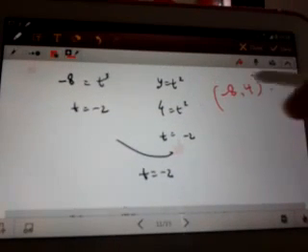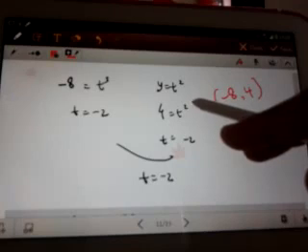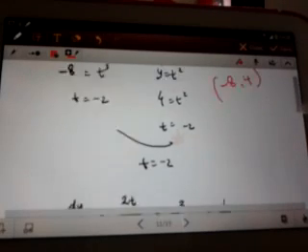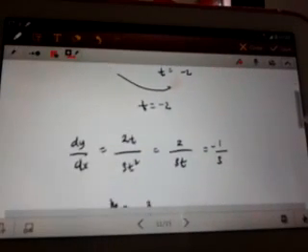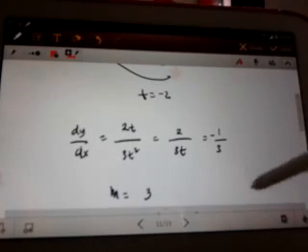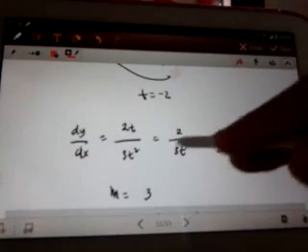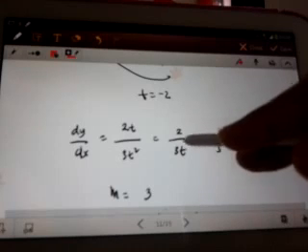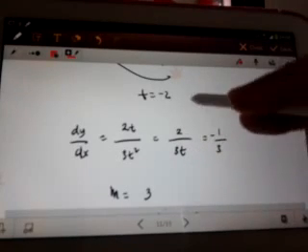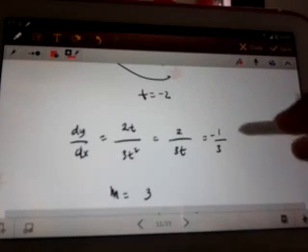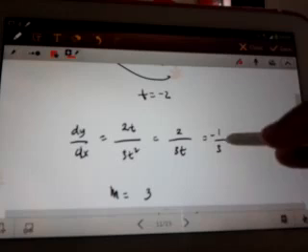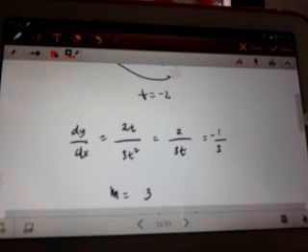For this, dy/dt is 2t, and from the x equation dx/dt is equal to 3t squared. So we simplify to 2 over 3t, and because the value of t is minus 2, we get minus 1 over 3 for the gradient.